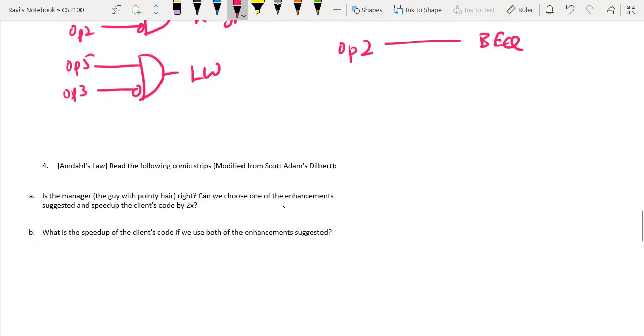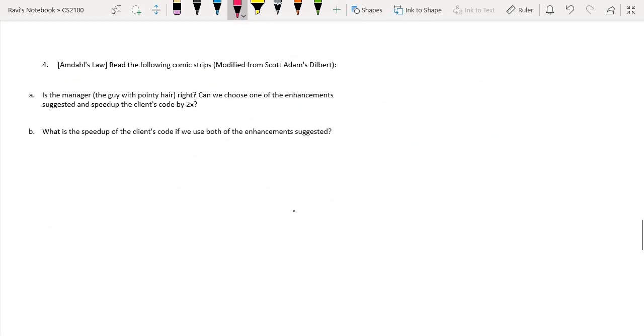So that wraps up question 3. Question 4 is about applying Amdahl's law to understand the overall improvement that we can make in a system. For the first part, we are told to analyze whether any one of the enhancements can speed up the client's code.